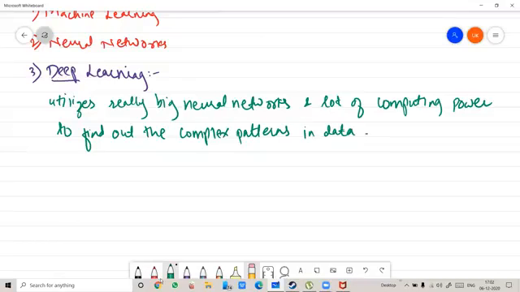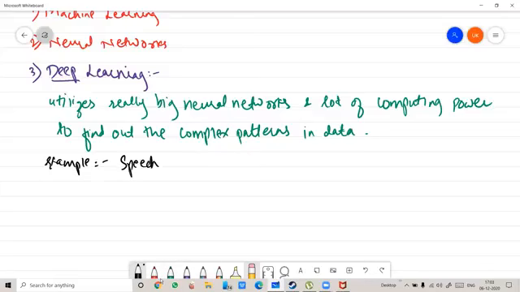Okay, so here deep learning is what, students? It is a broader term we can say of machine learning. It has big neural networks and a lot of computing power to find out complex patterns in data. And the example is what here, students? Speech recognition.